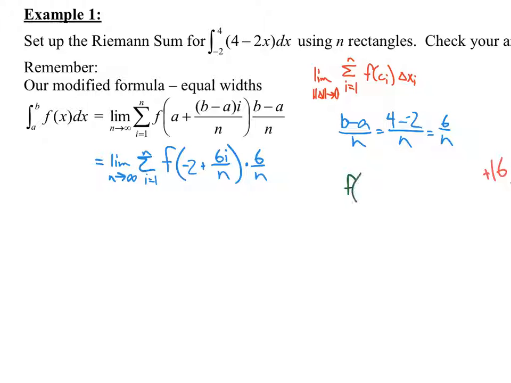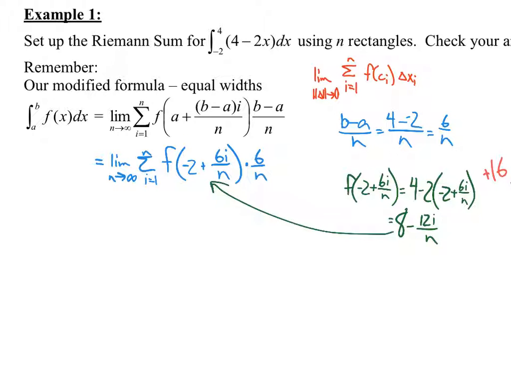So f of -2 plus 6i over n is 4 minus 2 times (-2 plus 6i over n). That's 4 plus 4 is 8 minus 12i over n. That is what we're going to multiply by the 6 over n, and that is going in right here.